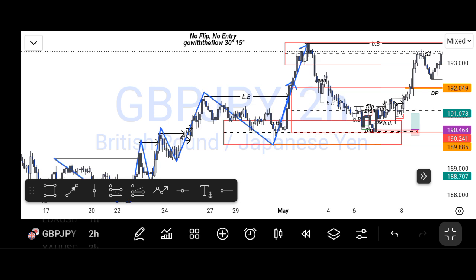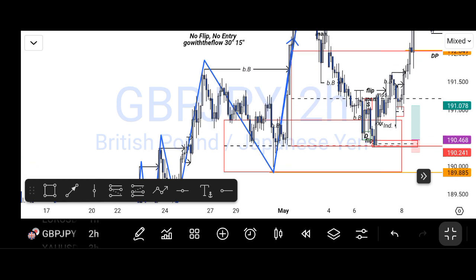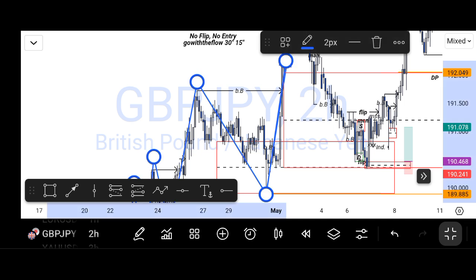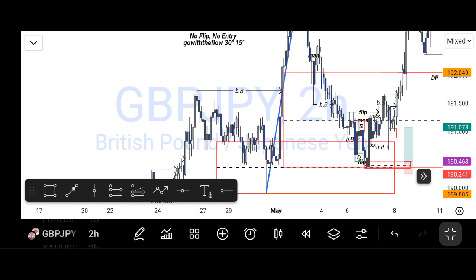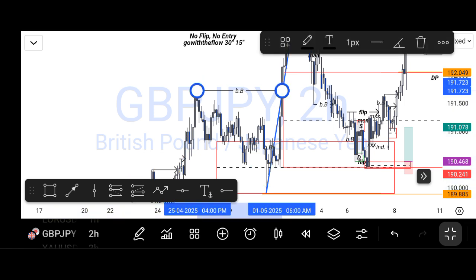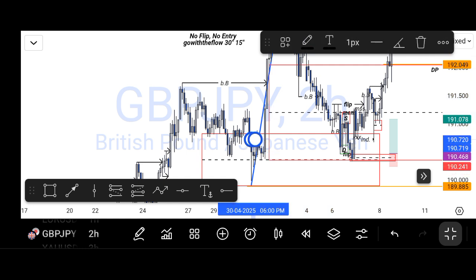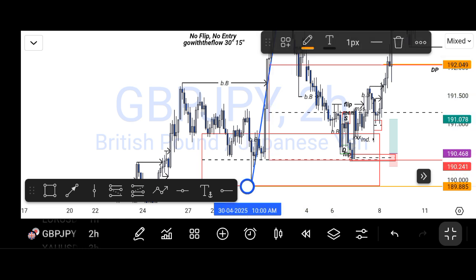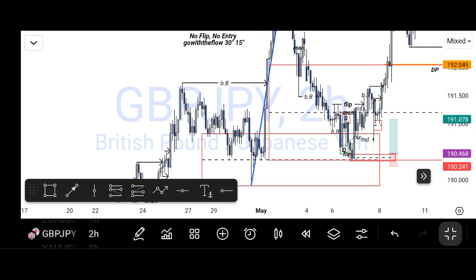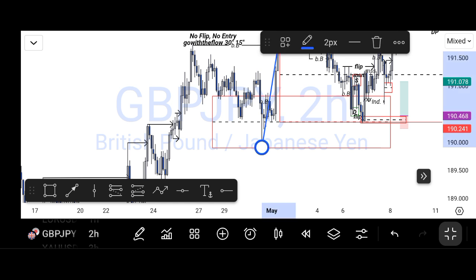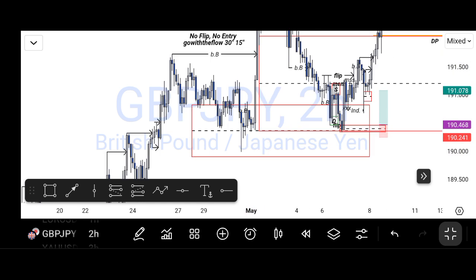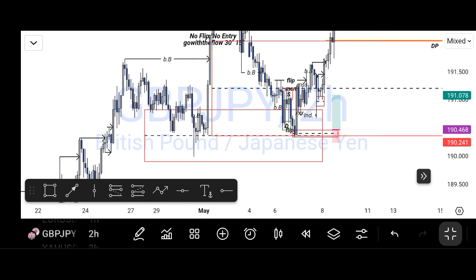Now this is where I took my order. This is where I will now be explaining for you. Once price broke that structure, once price gave us the break of structure, like I told you, we will just mark out our discount zone. And where is our discount zone?